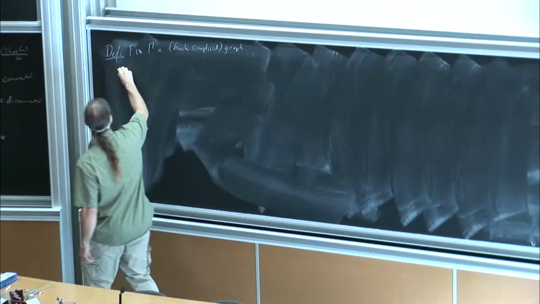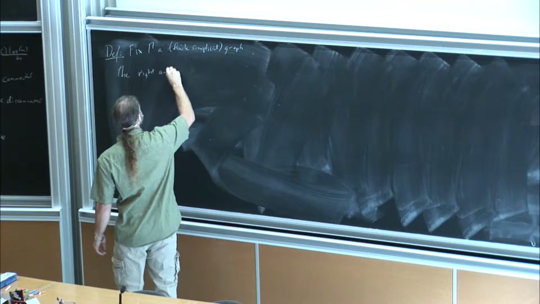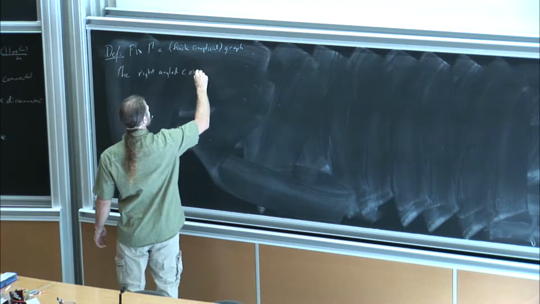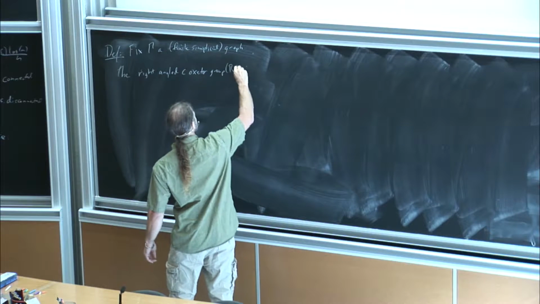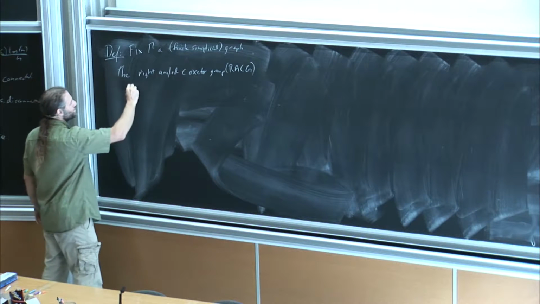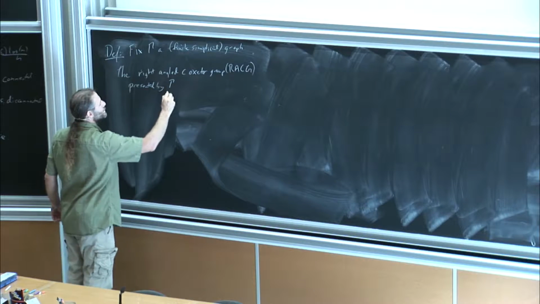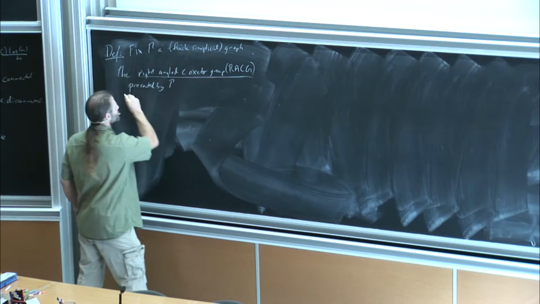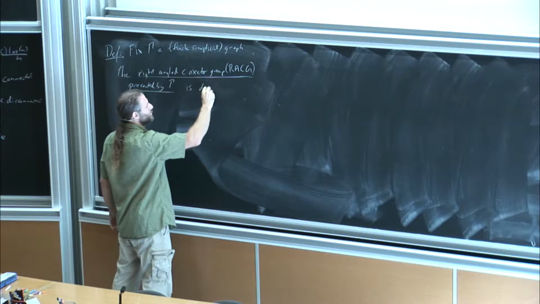So then the right-angled Coxeter group, RACG, presented by gamma is defined this way.